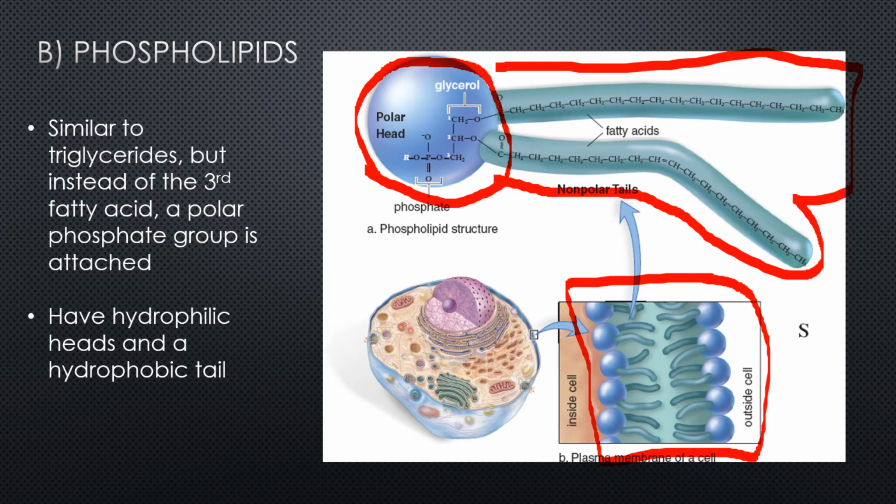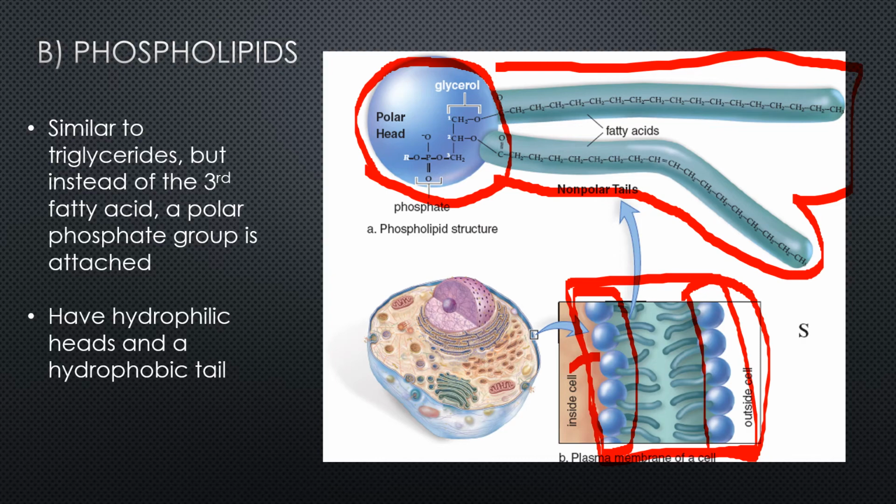And what that means is wherever the heads are interacts with water. So for a cell, that means that a cell that's usually bathed in some type of aqueous solution means that this outer phosphate group interacts with the outside of the cell as well as with the inside of the cell because the cytoplasm is made up mostly of water.